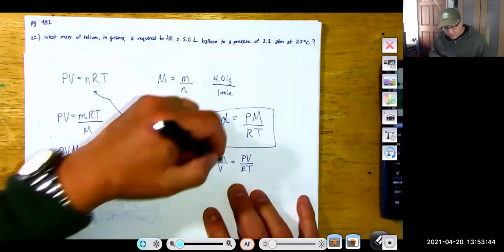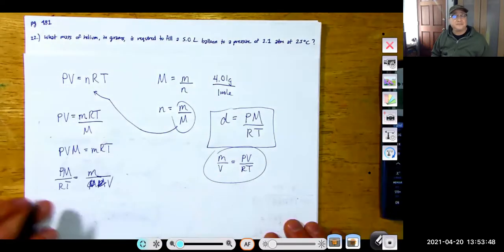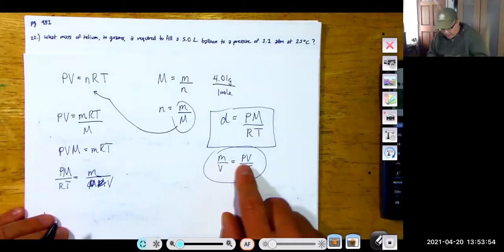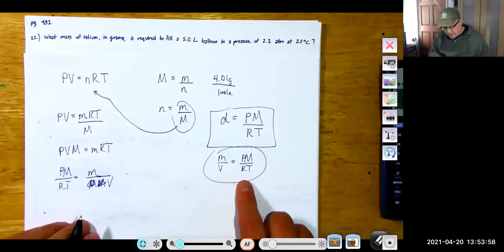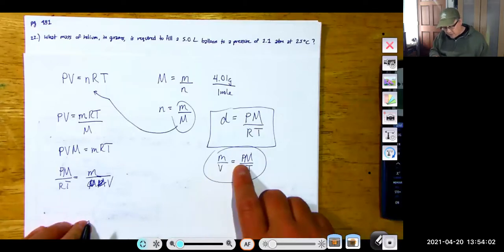What would we be solving for here based on the problem? We're solving for little m. Oh, I wrote that incorrectly. That should be an m there. Am I solving for little m, V, big M, P, R, or T?